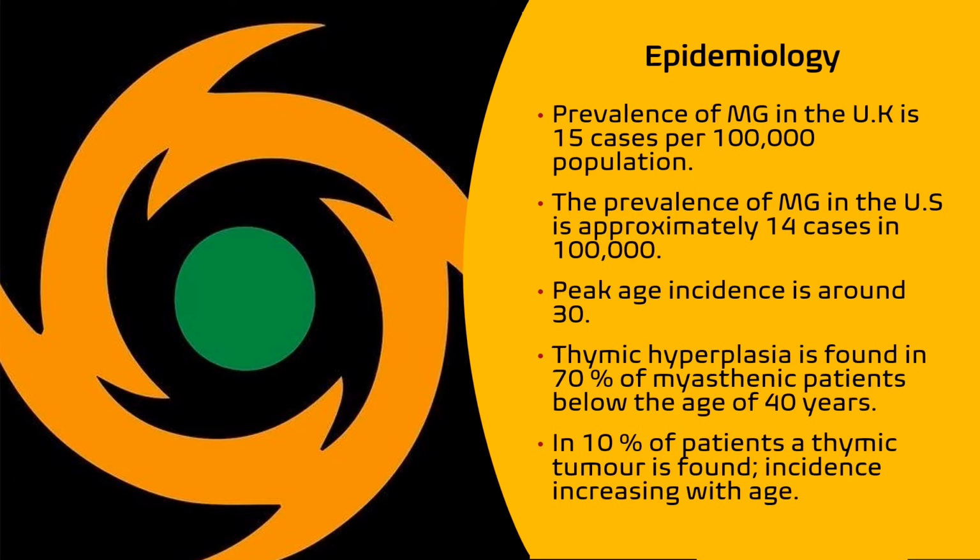And at the same time, prevalence of myasthenia gravis in the United Kingdom has been documented as 15 cases per 100,000 population, and in the United States retrospectively 14 cases per 100,000. The peak age incidence has been around 30 years of age.